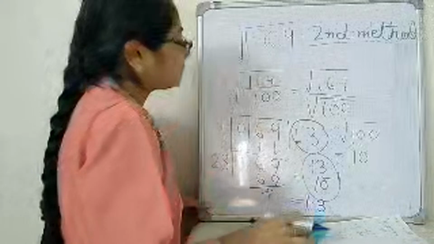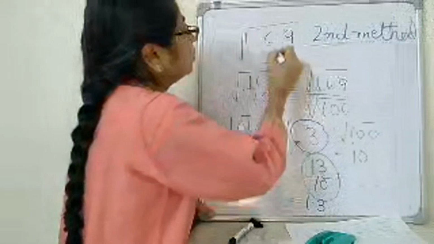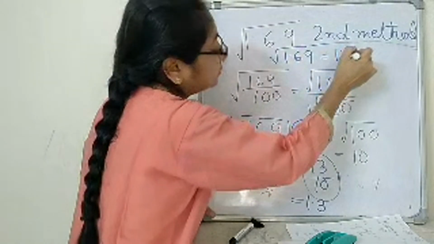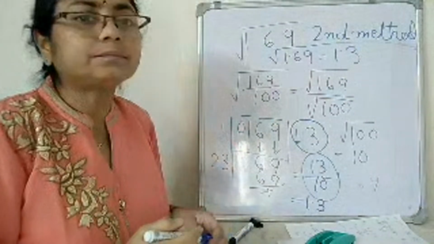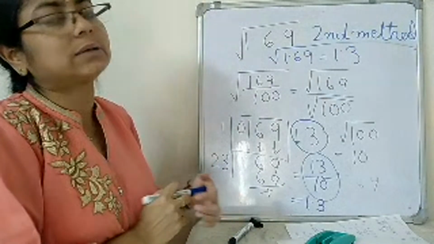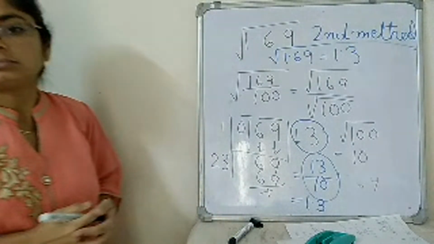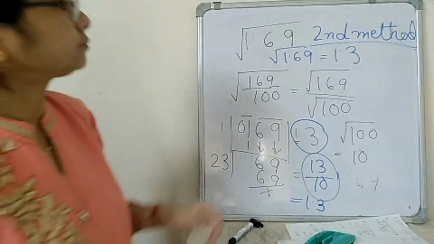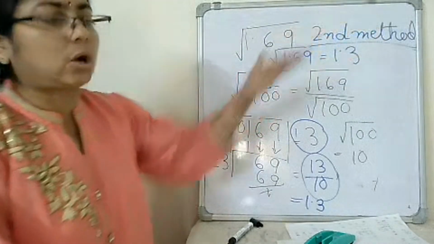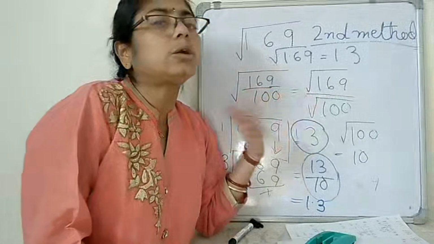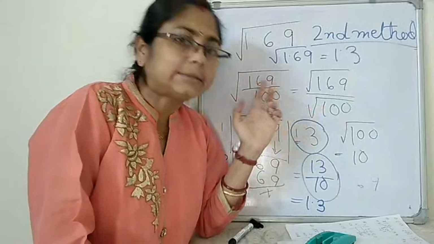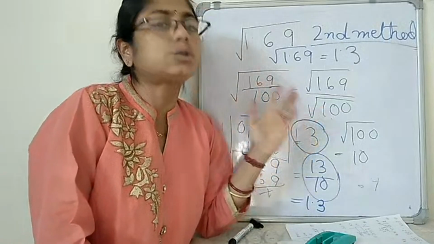So what is the answer? Root 1.69, answer 1.3. Clear? One more time I tell the second method. First method: I use the decimal numbers and directly do the decimal square root.